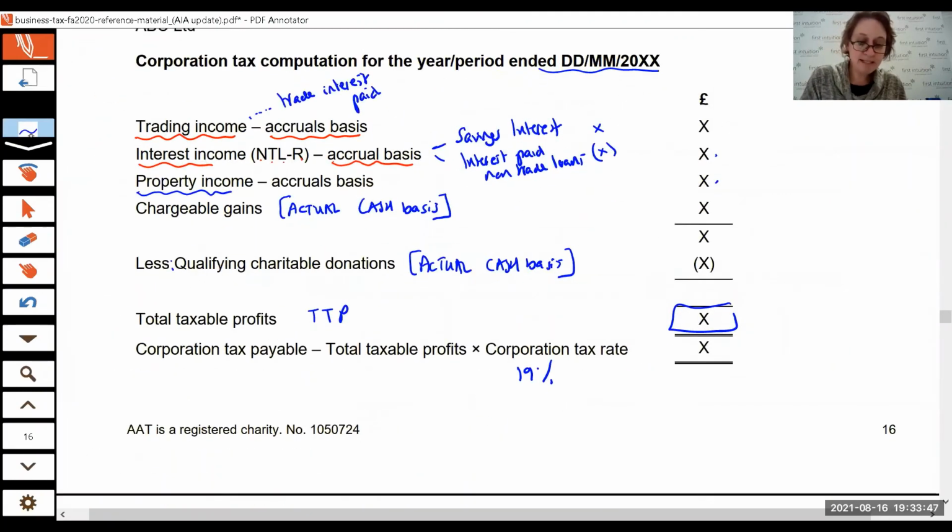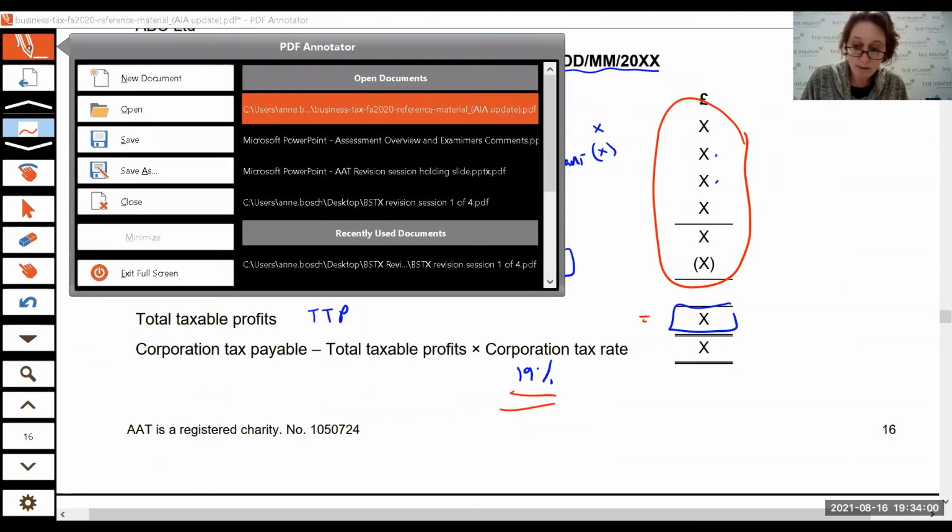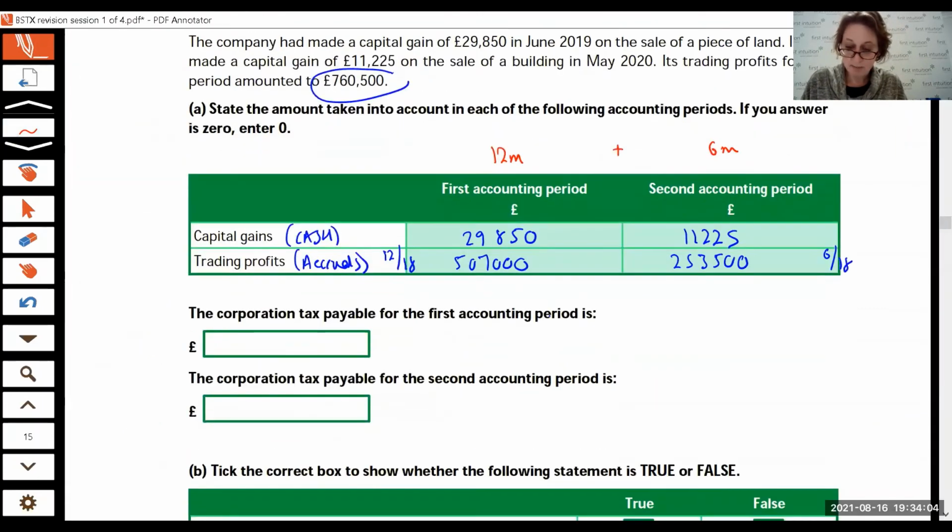The pro forma says, gather together all the income. So add up all the income, knock off any donations if you've got any, find what your TTP is, and then times it by 19%. So I now add up my income. I've only got two sources, so it's not going to be too difficult.